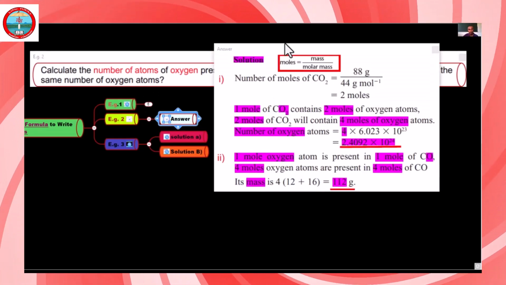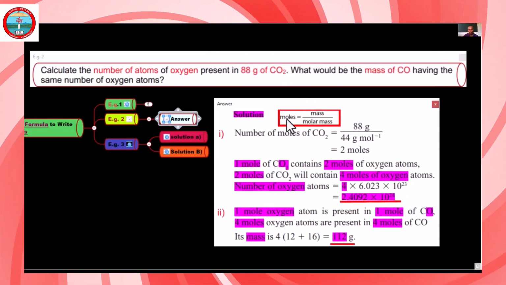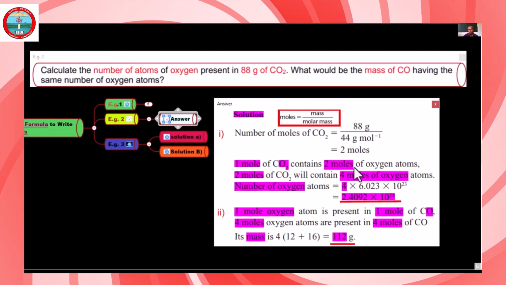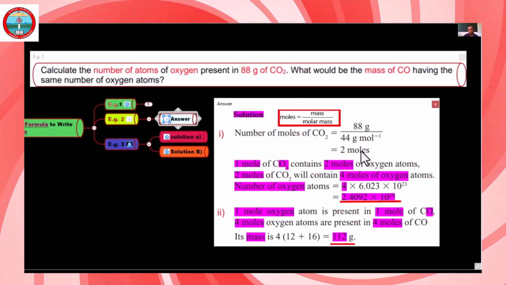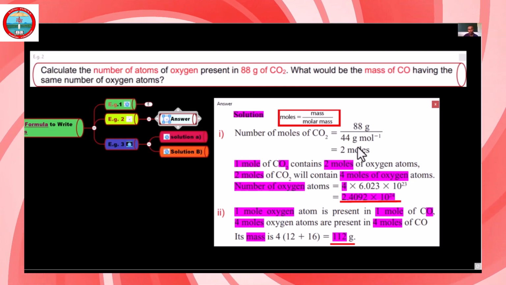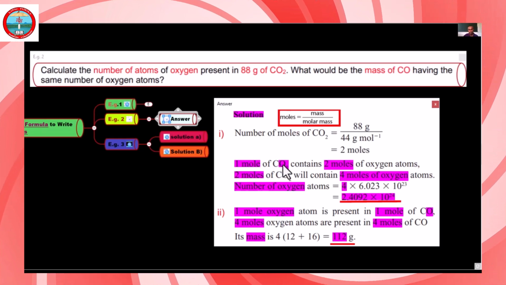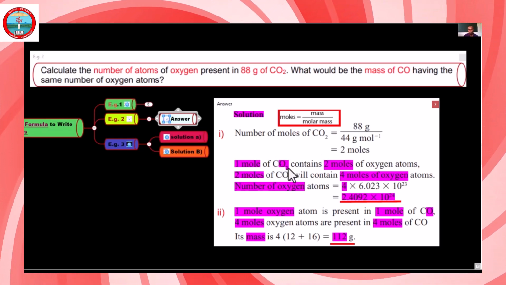For the first one, first change the given mass into mole, that is the 88 gram of carbon dioxide is equal to 2 moles of carbon dioxide. In 1 mole of carbon dioxide we do have 2 moles of oxygen.